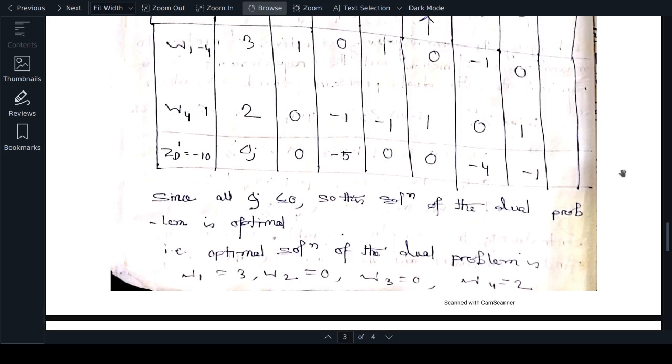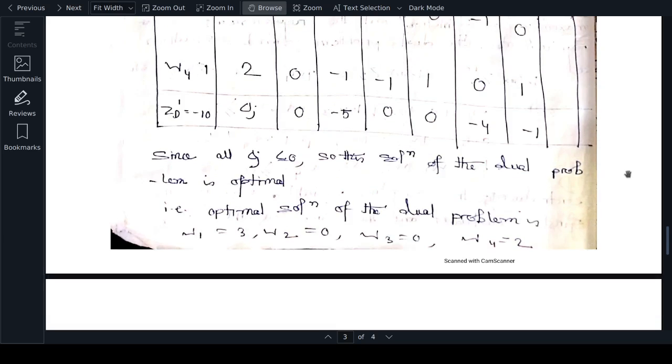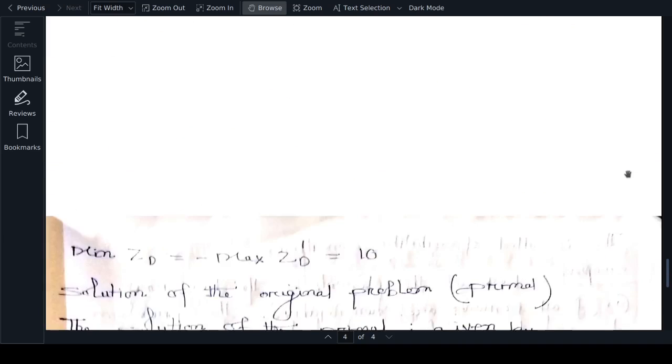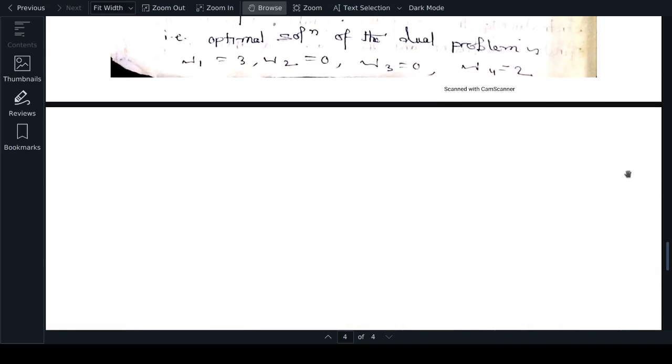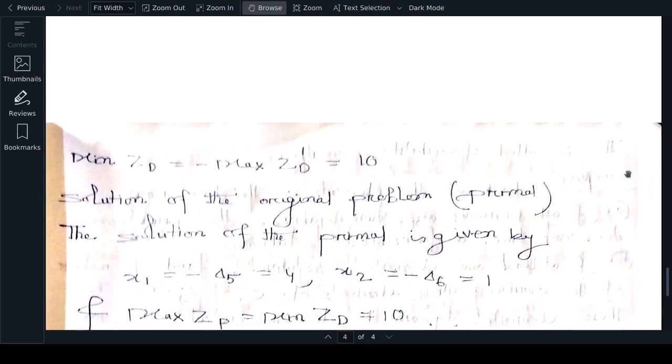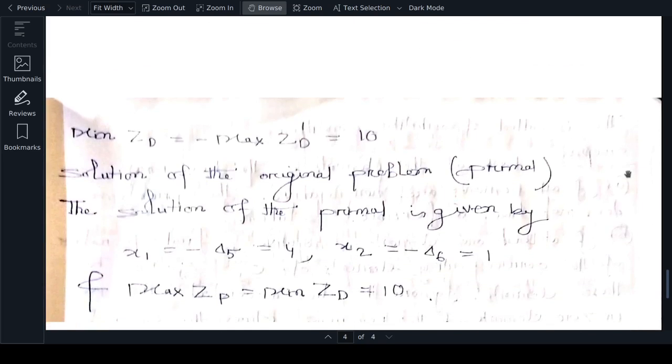W3 is also absent in the basic variables, so 0, and W4 equal to 2. So this is the solution of the dual, but we need the solution of the primal.